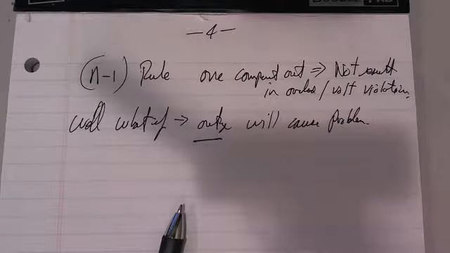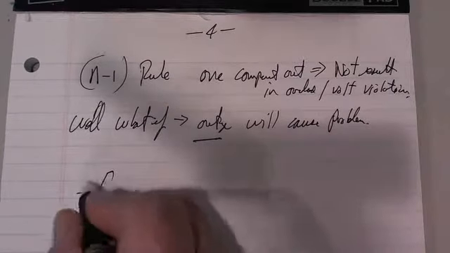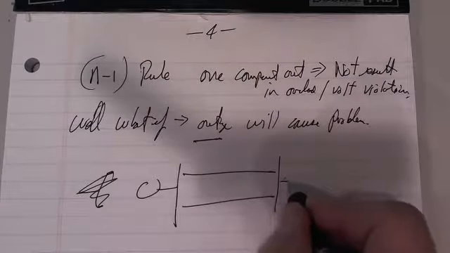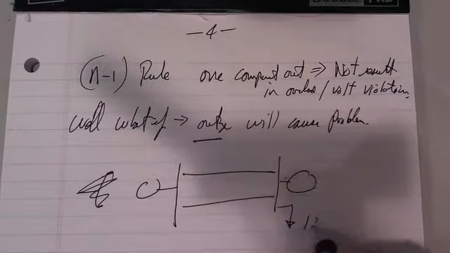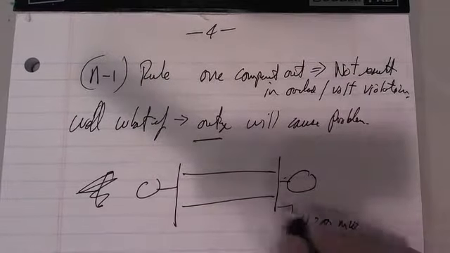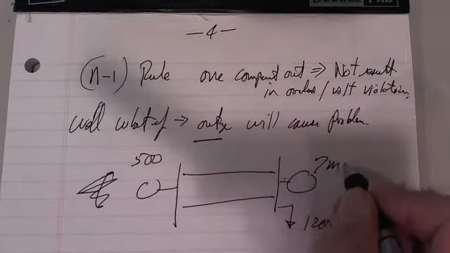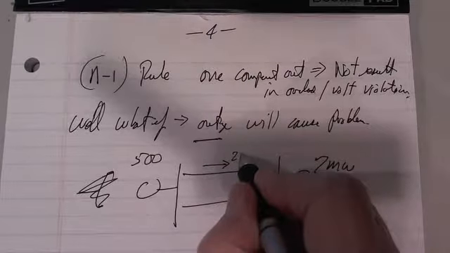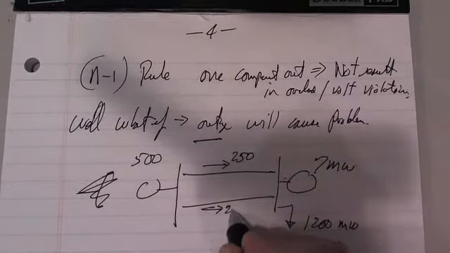In the lecture, we showed a really simple example. Again, I like to have real easy examples that are kind of dumb, frankly. But I had this example: 1,200 megawatts, and I had a 500 megawatt generator here and a 700 megawatt generator here, and I had two transmission lines that could carry that 500.